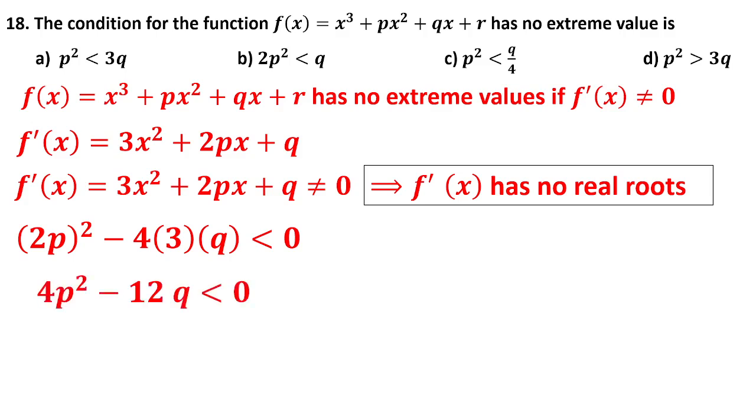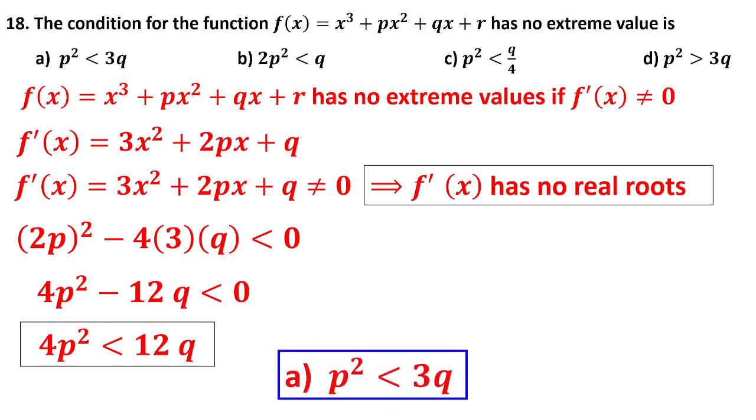Using this idea, 4p square is less than 12q, therefore p square is less than 3q. That is option number A. Condition for no real roots is b square minus 4ac, the discriminant, less than 0.